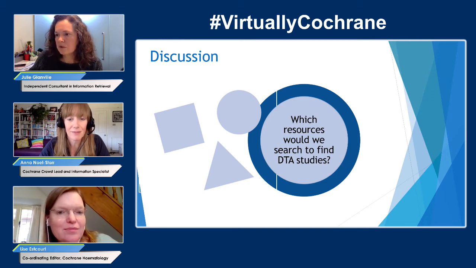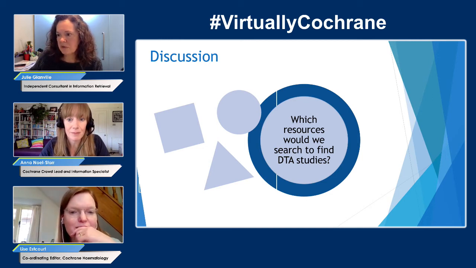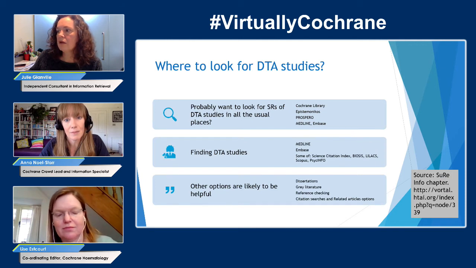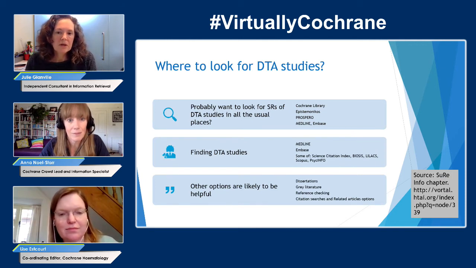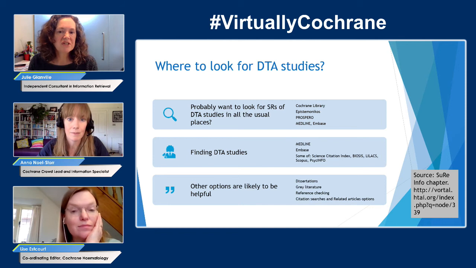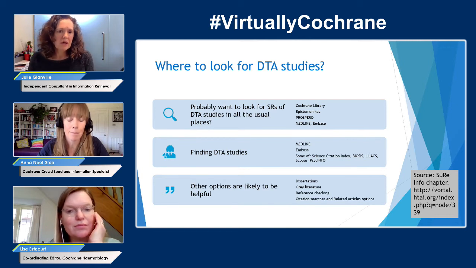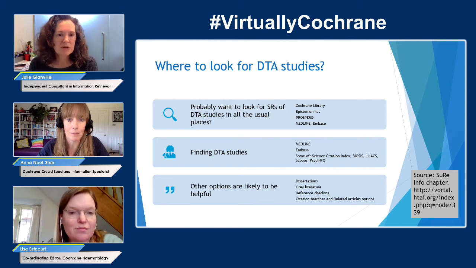Thank you very much for all your comments, and apologies to the people that we haven't read out. I'm going to move on just to summarise. As we've already discussed, we usually look for systematic reviews of DTA studies. Anna's noted how useful DTA reviews are for her search strategy development. So we're going to look for DTA reviews in the Cochrane Library, Epistemonikos, Prospero, Medline and Embase.